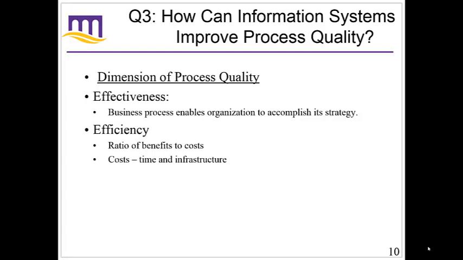In other words, its long-term goals and objectives. And so that is a powerful judgment of quality. Let me make sure I make this very clear. Effectiveness is: are we accomplishing what we want to accomplish?